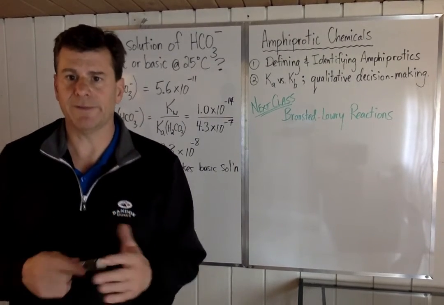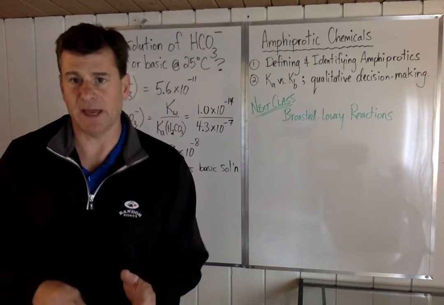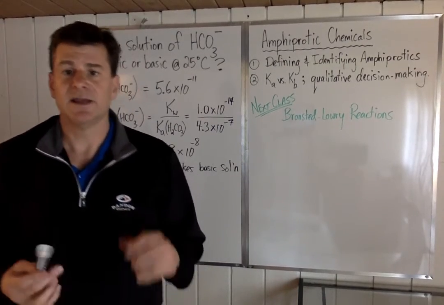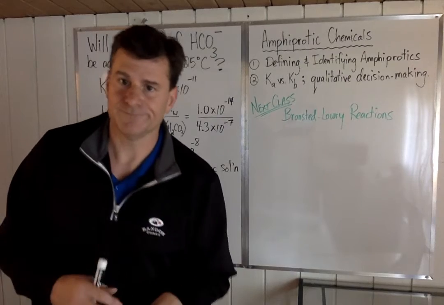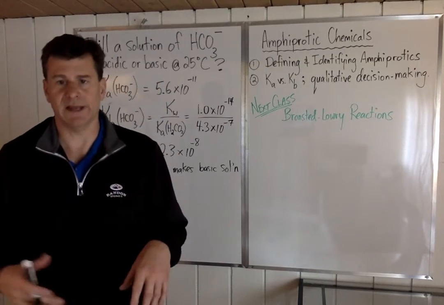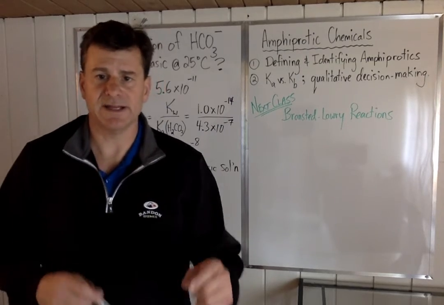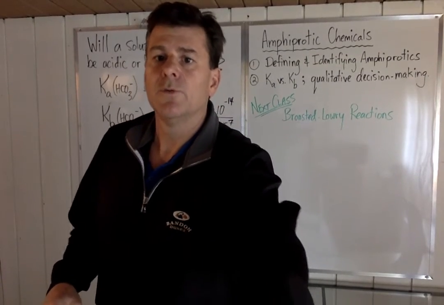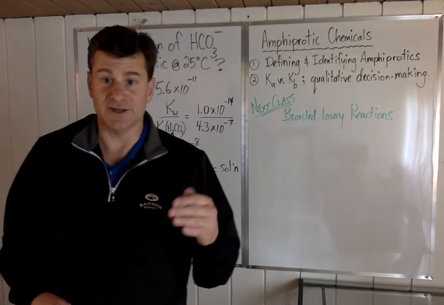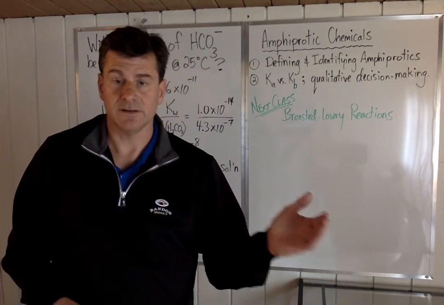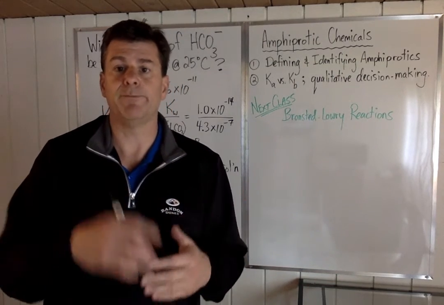So it's about 1,000 times better as a base than it is an acid. Now this is a critical thing to be contemplating. It's 1,000 times better as a base than it is an acid, which doesn't say it's not an acid. It just says it's better.